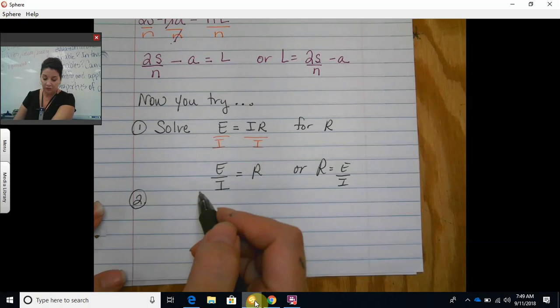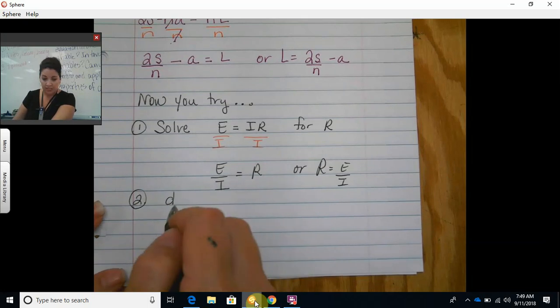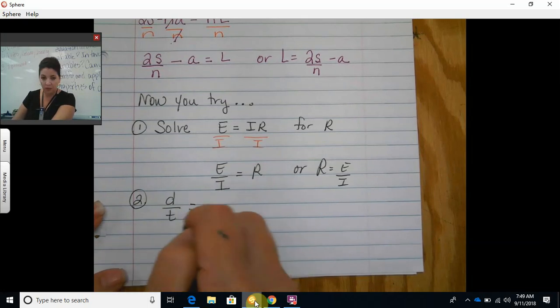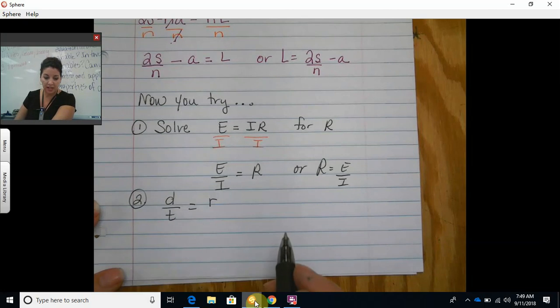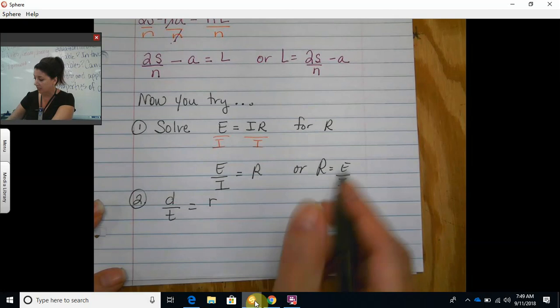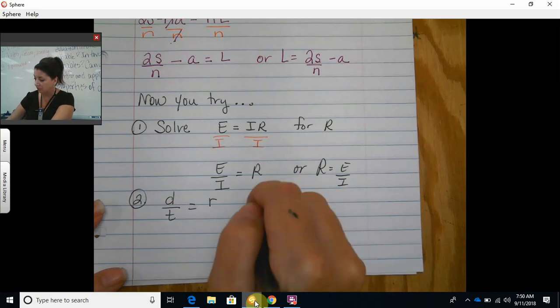How about this one? Let's do D divided by T equals R. Distance divided by time equals rate. And we want to isolate, or solve for, t.